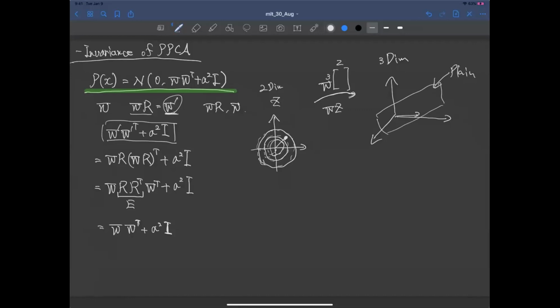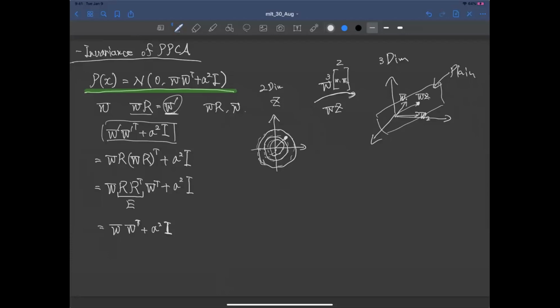There is W1 and W2. Then WZ will be like this.